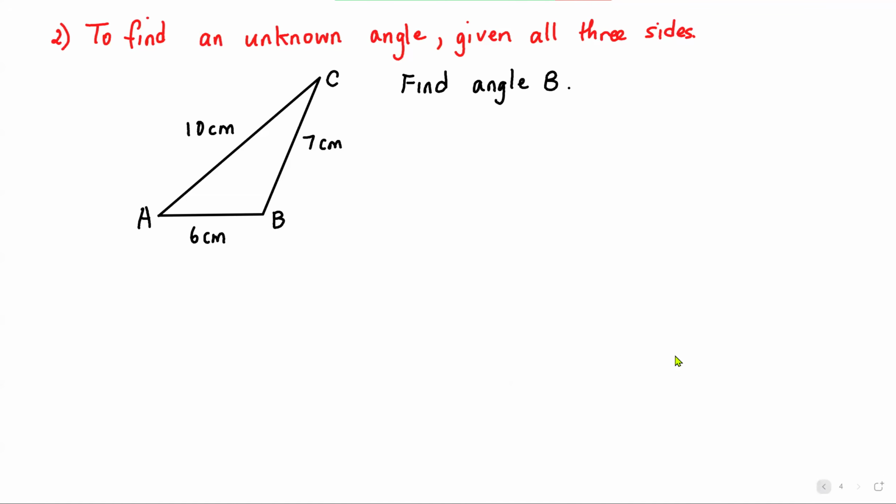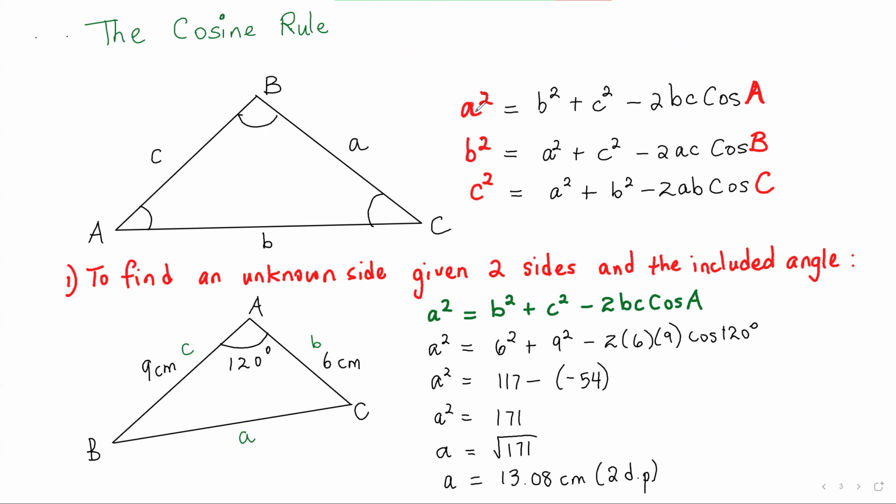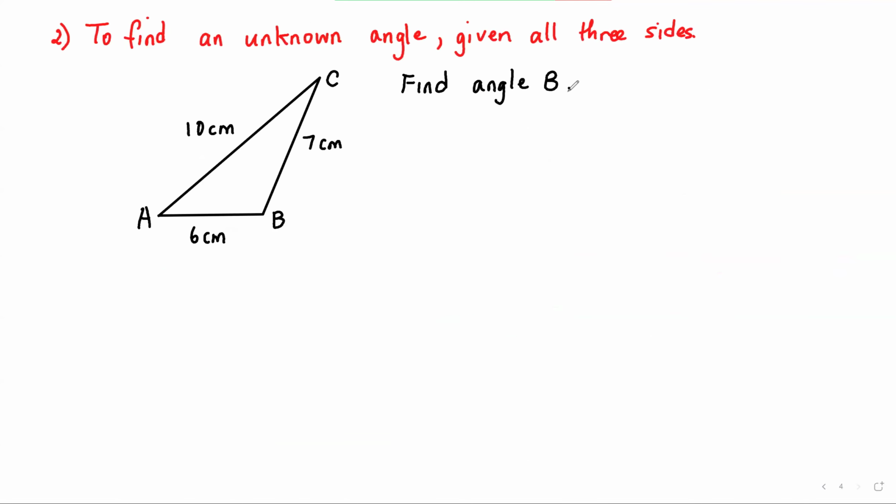Because remember, you have three: when A is the subject, when B is the subject, and when C is the subject. So you'll have to use when B is the subject because I'm looking for angle B. So first things first, it's just a nice practice to label your sides. So this side here is B, this side is A, and then C is here.